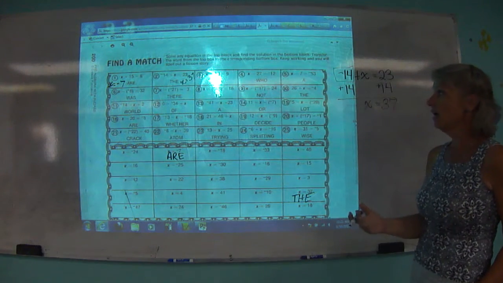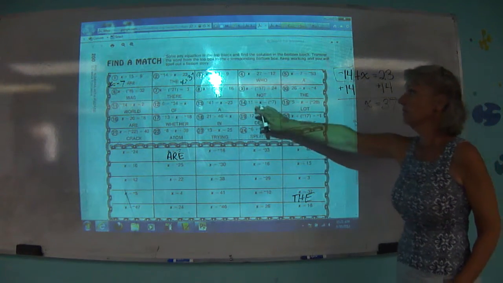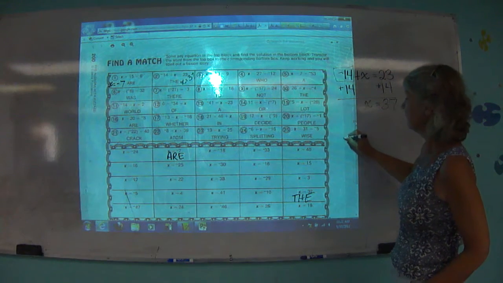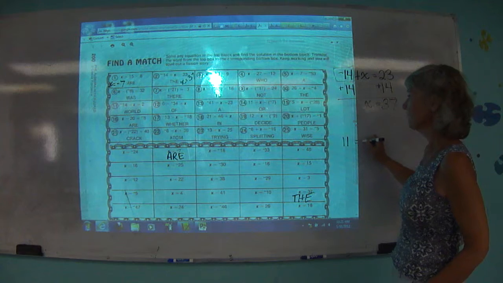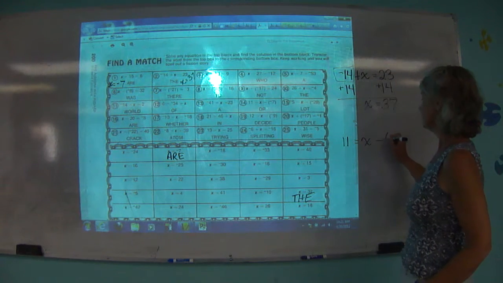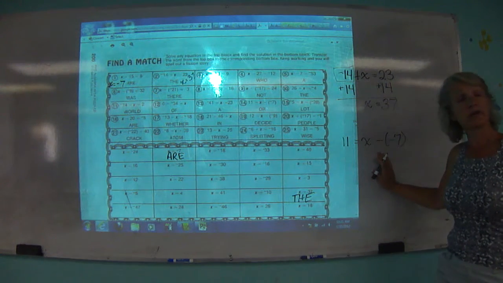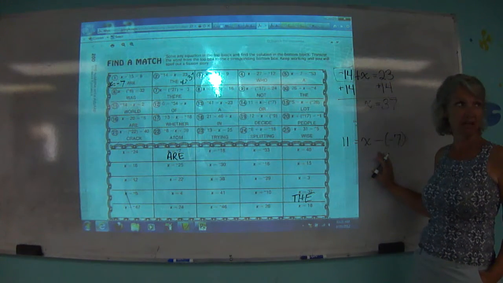Now some people say, oh, but what about minus a minus? So number 14 would be 11 equals x minus -7. Well, this is where I kill subtraction.